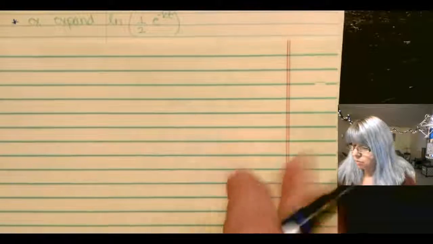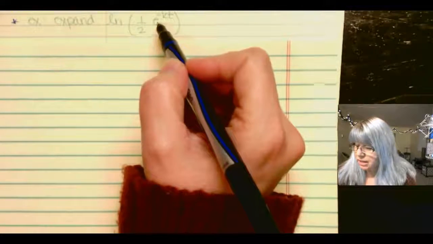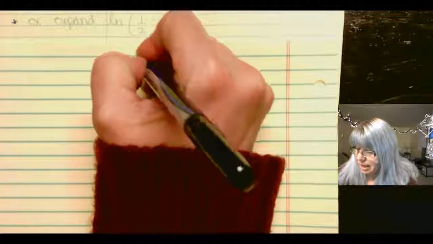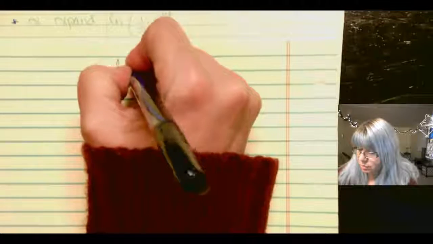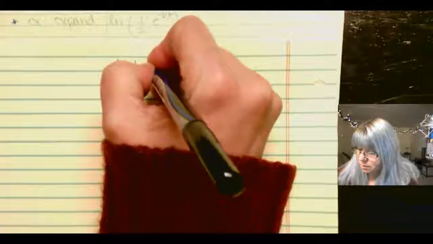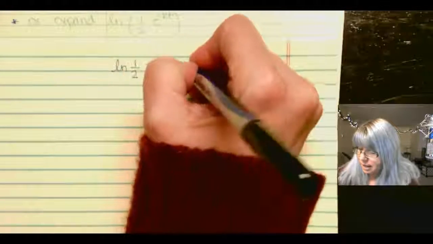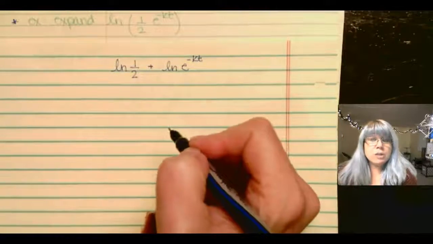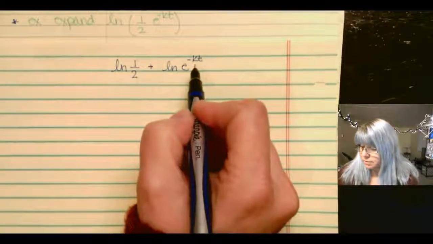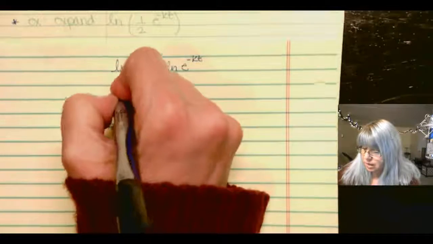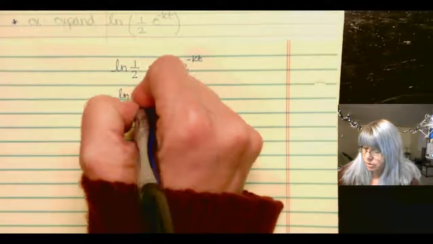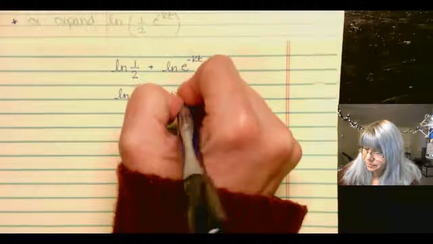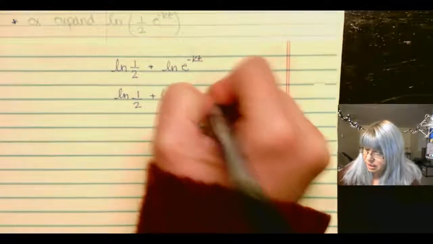Let's try another problem to expand: the ln of 1/2 e to the negative kt. Since this is multiplication, I can write it as the ln of 1/2 plus the ln of e to the negative kt power. Using my property regarding powers, I can bring that out front. So now I have the ln of 1/2 plus negative kt, the ln of e.